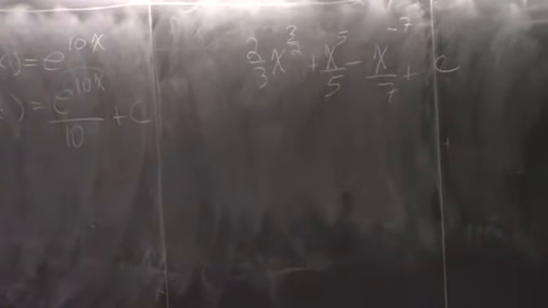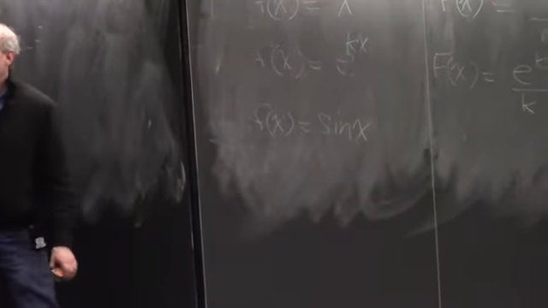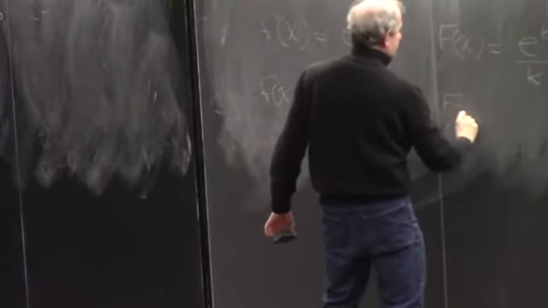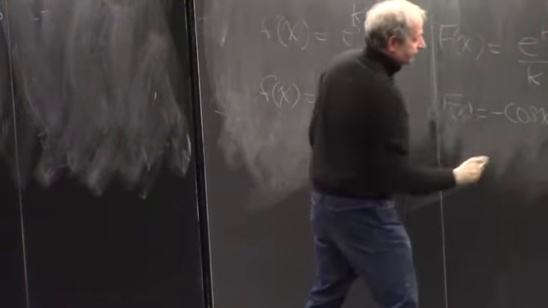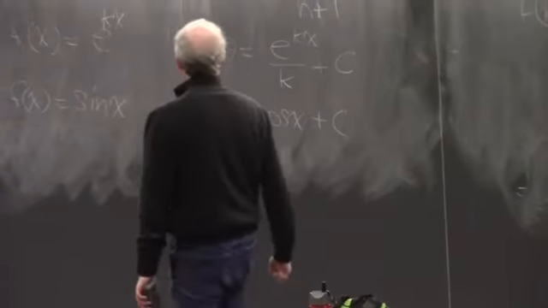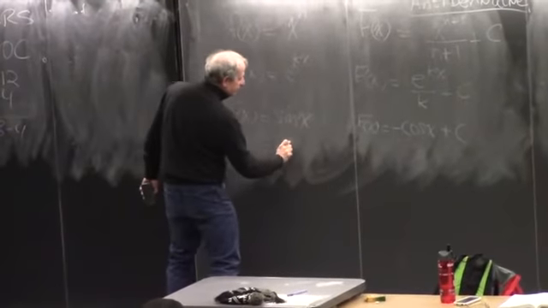What if f of x is sine of x? What's the derivative of sine? Cosine. So the antiderivative of sine is minus cosine. We look for the plus c's in the exam, by the way. Make sure you put that in there. How about f of x equals cosine of x?